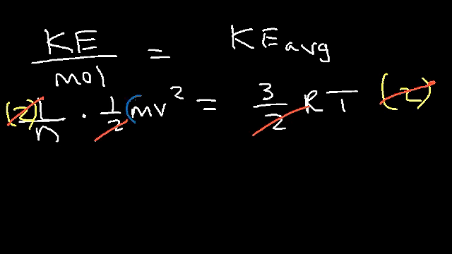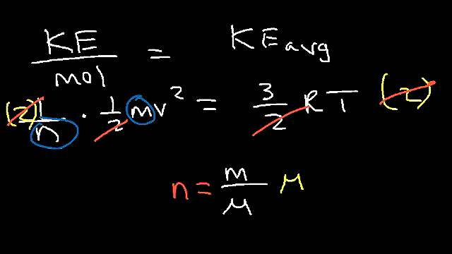Now, what is mass divided by molar mass? Keep in mind, earlier we said that moles is equal to mass over molar mass. So if we multiply both sides by m and at the same time divide both sides by n, notice what we'll get. On the right side, m is going to cancel, but on the left side, n is going to cancel.